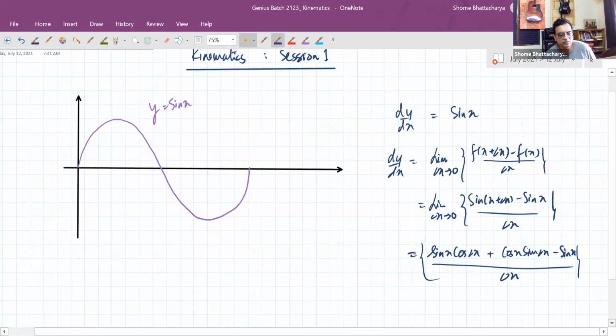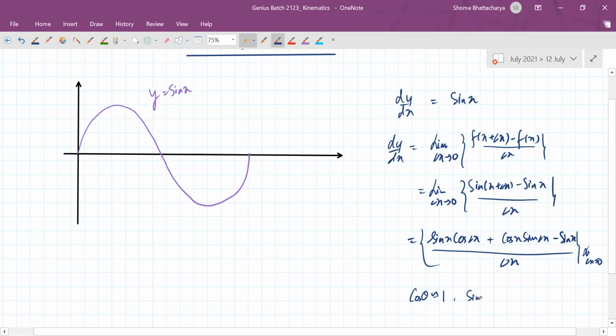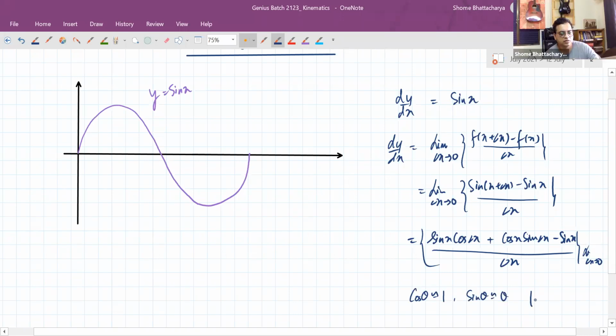So now see here, when we apply this limit, delta x tending to 0, for a small angle, what happens? Cos theta tends to 1, if theta is small. And sine theta tends to theta for theta being a small angle.